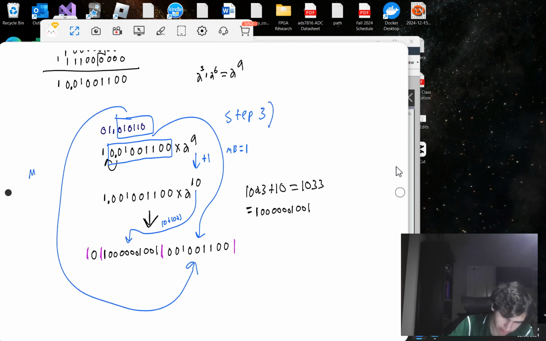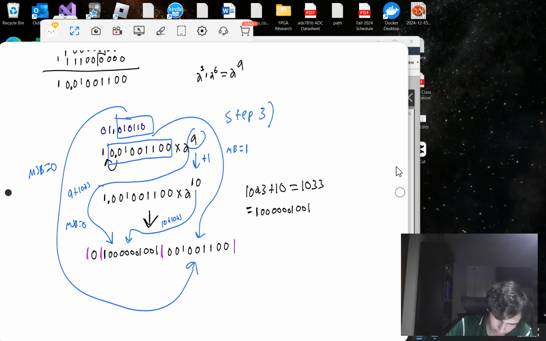So that would be the most significant bit is equal to 0 case. And then you would not increment. So then that means 9 plus 1023. So that's just a different hypothetical.